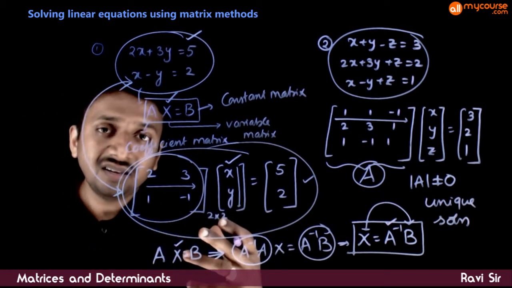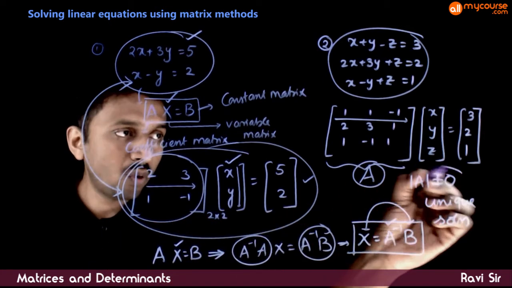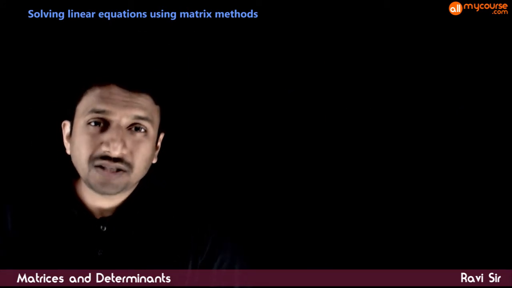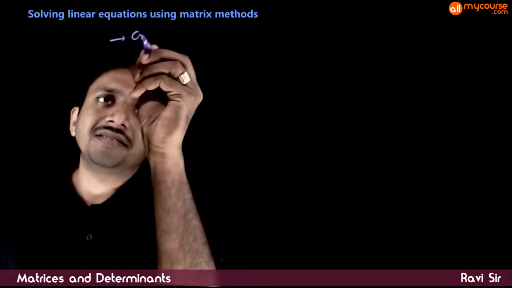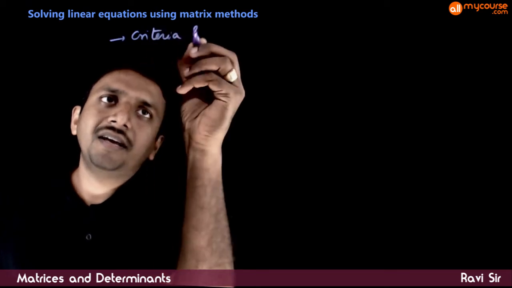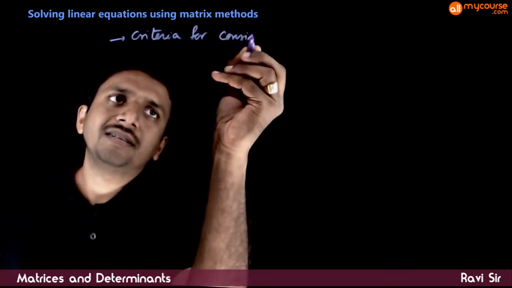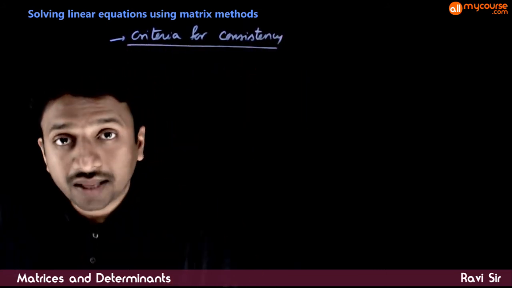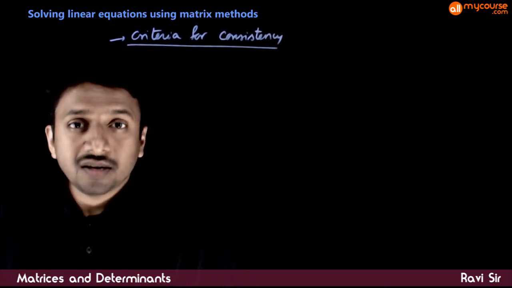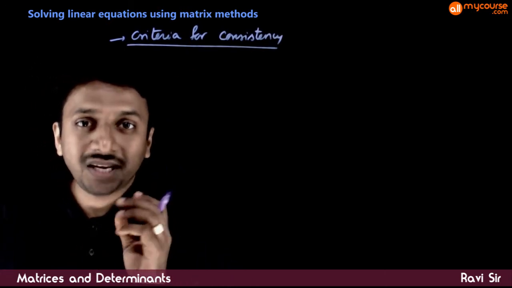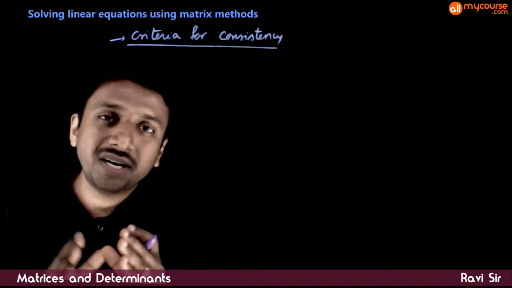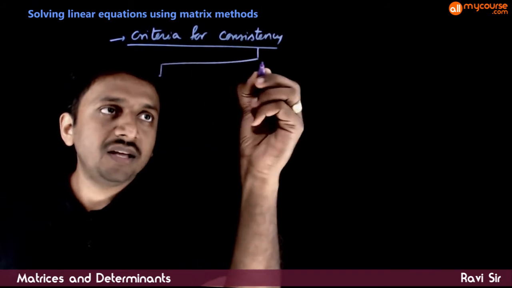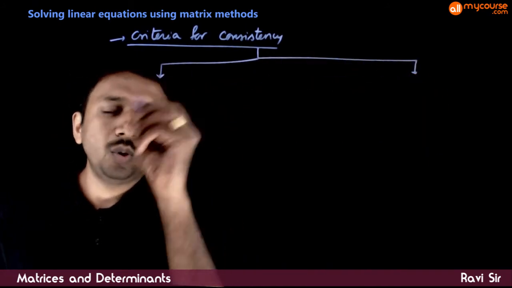Let us see the cases depending on what det of A is. Now let us look at the criteria for consistency. Before going into this, the system of linear equations can be broadly classified into two types.